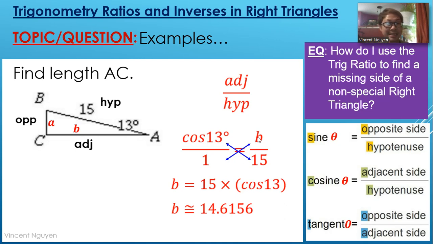So 14.6. So we know side AC is about 14.6, which should make sense. It should be less than the hypotenuse, right? And according to this picture, it looks pretty long, so it's close enough to the hypotenuse. So 14.6 is reasonable, okay?